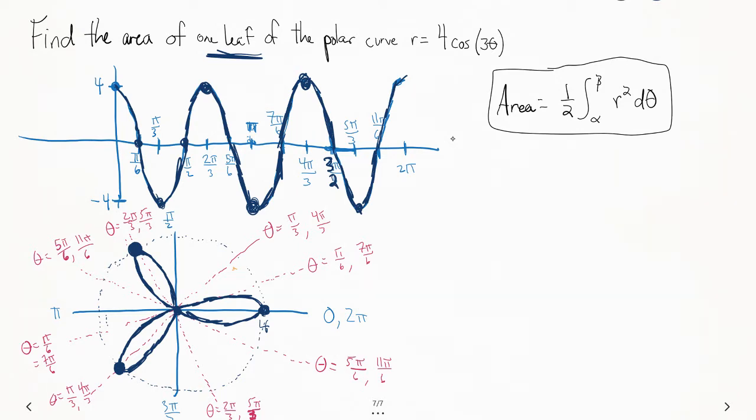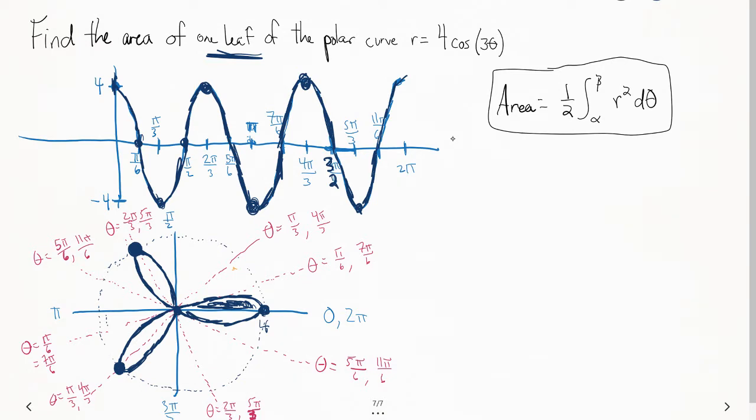Now, the easiest way for us to do this, when you think about it, is to just take this area right here and multiply by 2. Why is that kind of nice for us? Well, notice that area corresponds to our starting point 0, and we went to pi over 6.